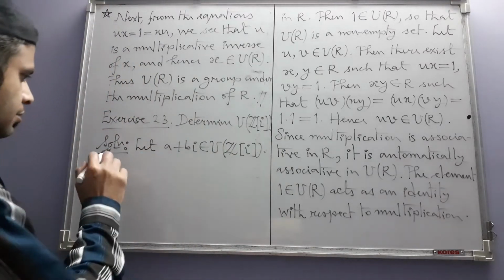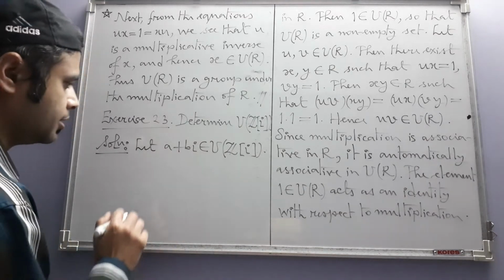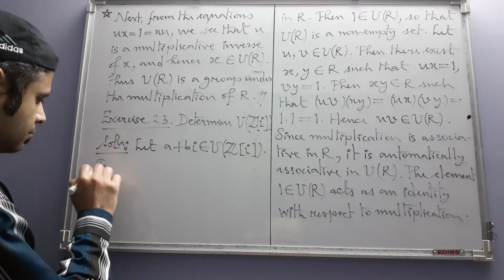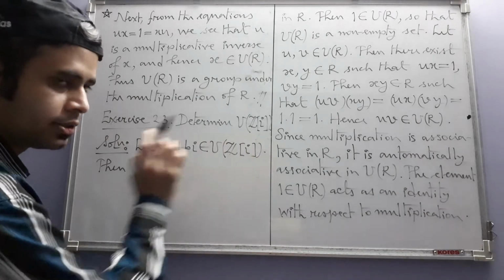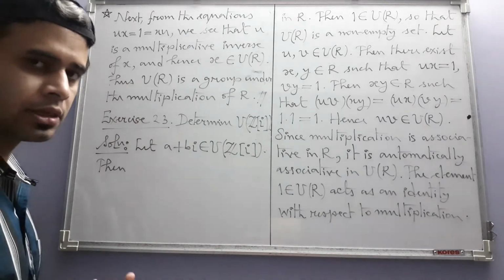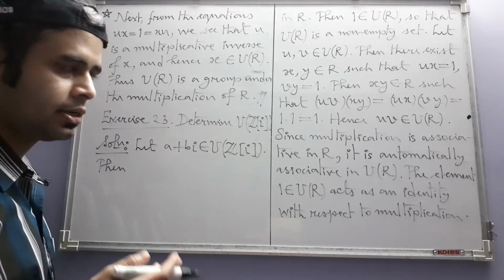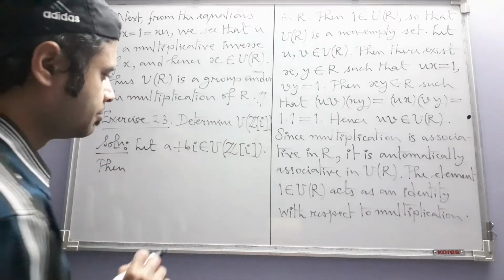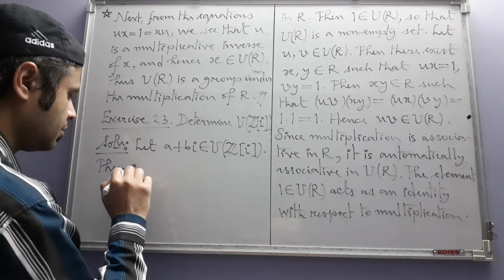But you understand A and B are integers. Then A plus Bi is a unit in this ring, so that means there is some other Gaussian integer C plus Di such that A plus Bi times C plus Di is the integer 1, which is the unity in the ring, of course.